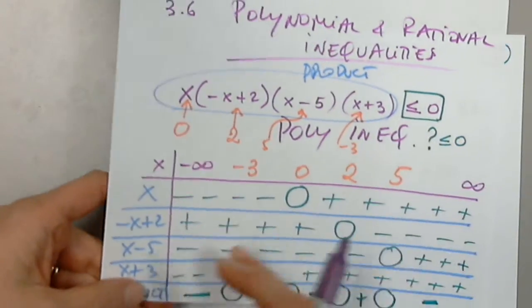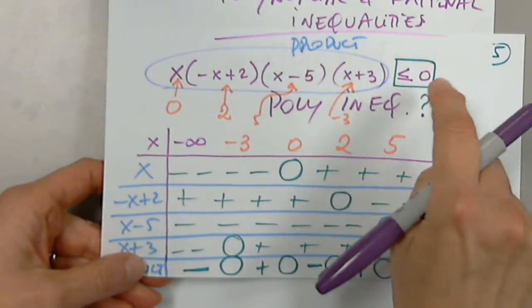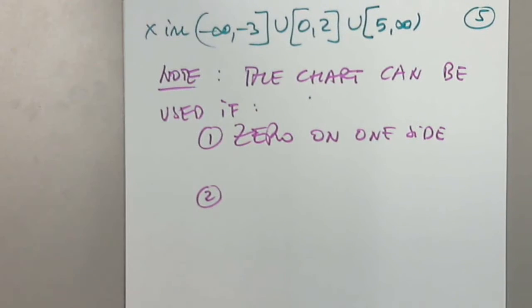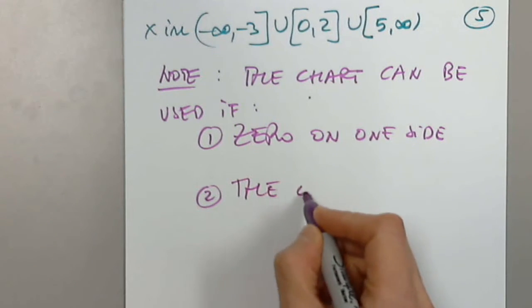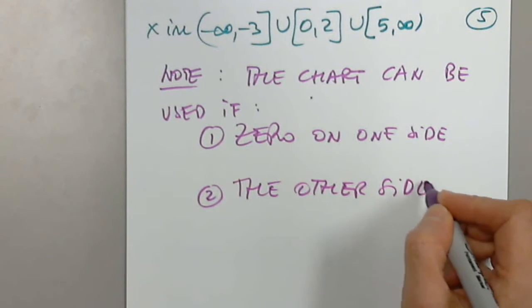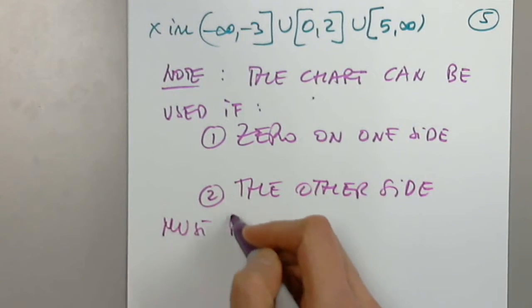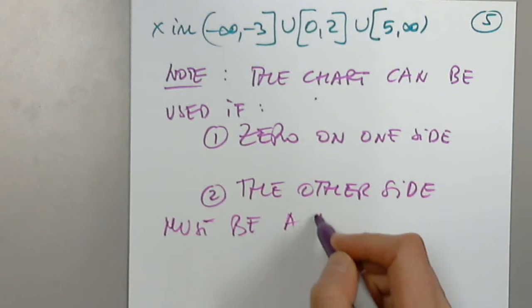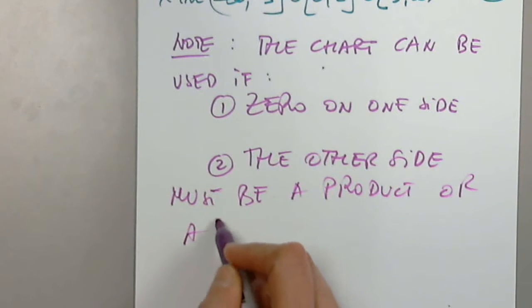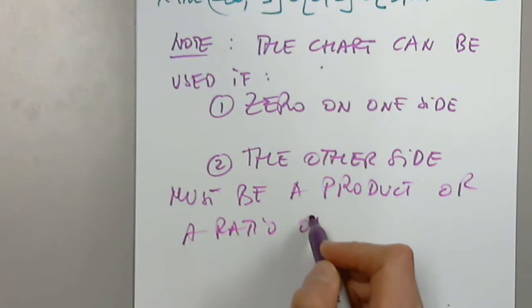If I don't have 0, I cannot use the chart. One side has to have 0. The second condition is the other side of the inequality, of course, must be a product or a ratio of factors.